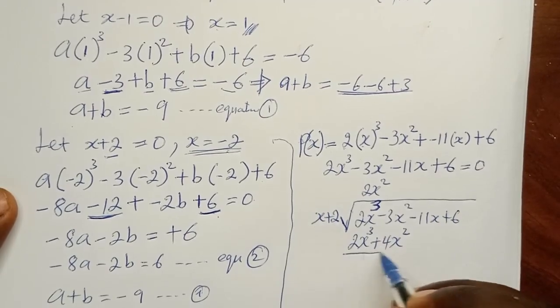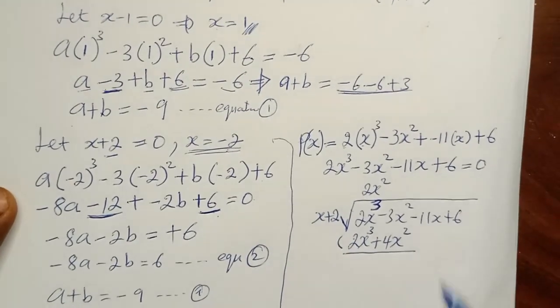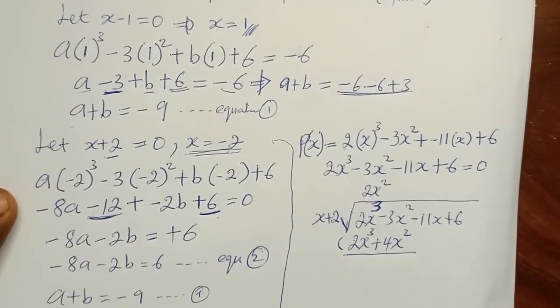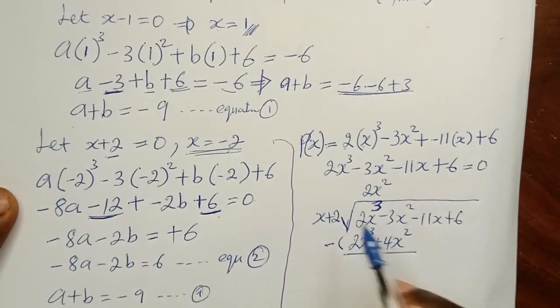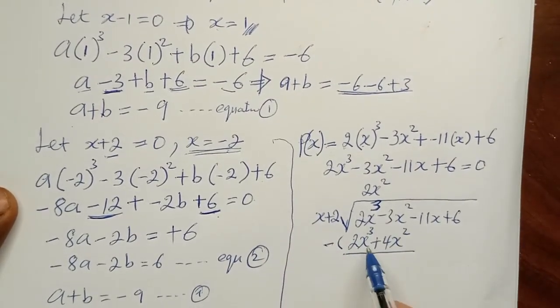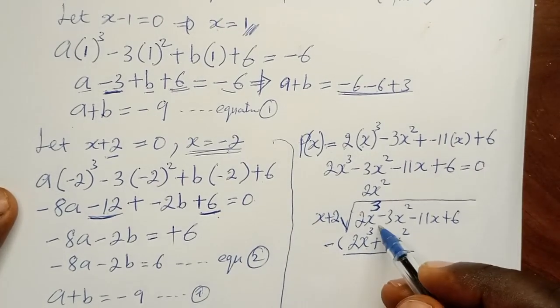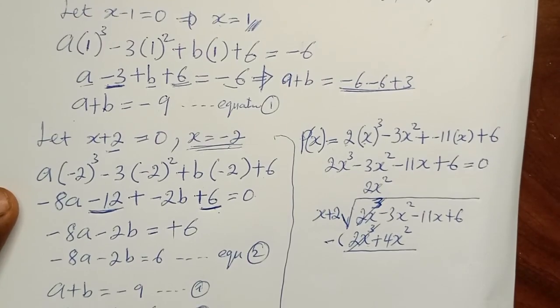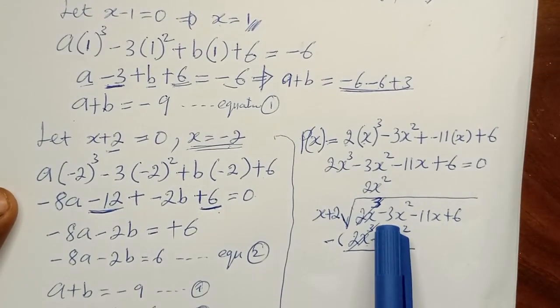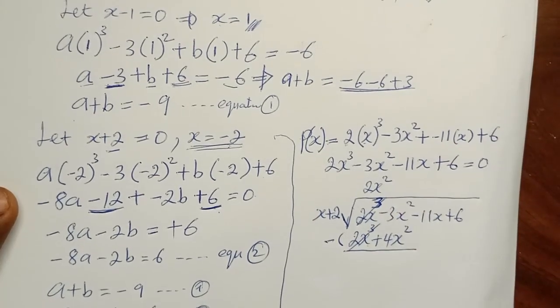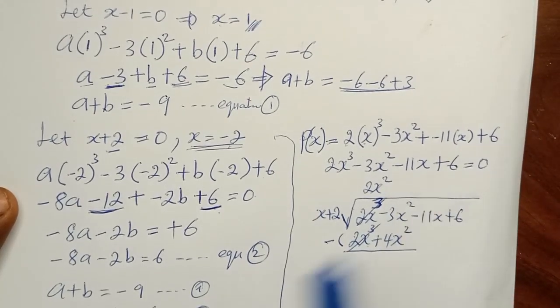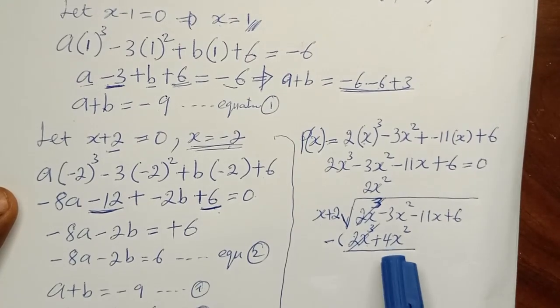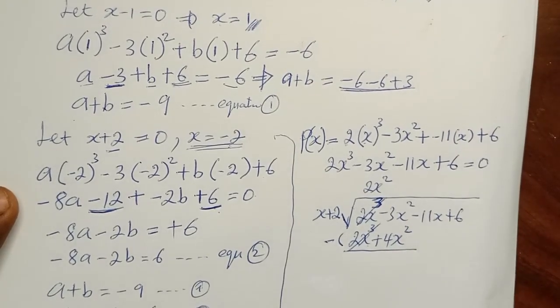Now we need to subtract to see what we have. 2x cubed minus 2x cubed cancels out. The 2x cubed has been taken away. So now we are left with minus 3x squared minus 4x squared. What are we going to have?